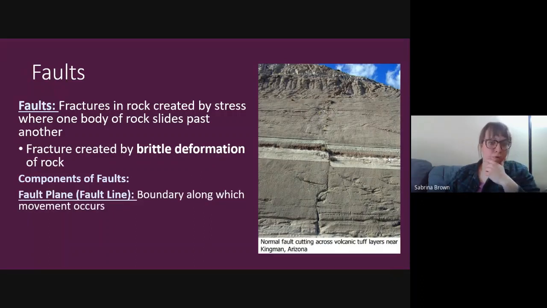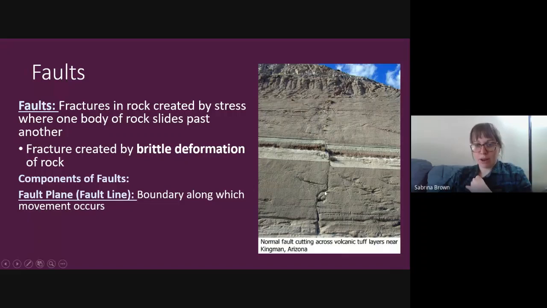And in our faults, of course, we have some words to describe different components of them. And our fault line, or our fault plane, is the boundary along which that movement is occurring. So in this picture over here, we can see we have this nice tan light layer in our rock strata.